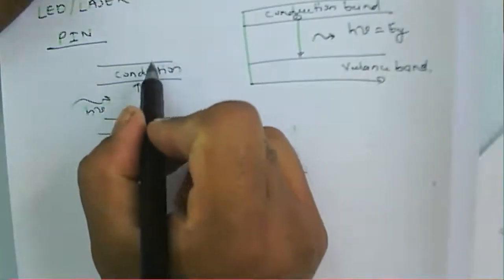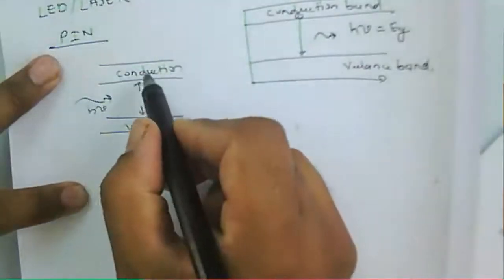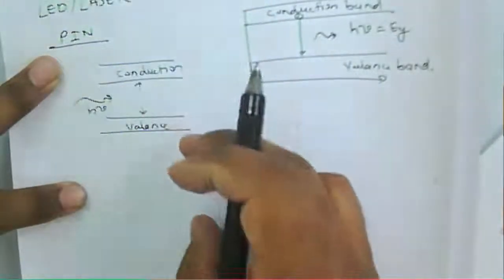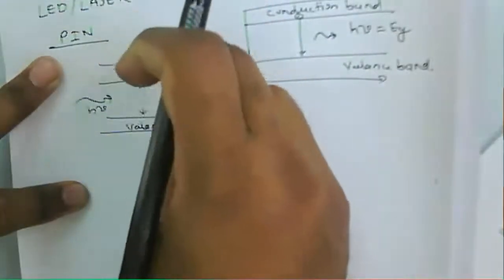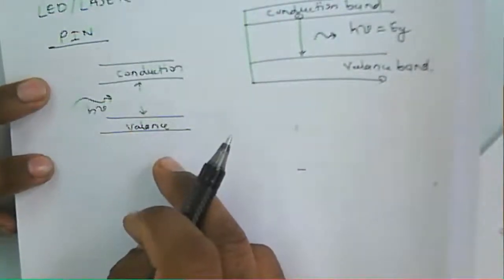For this given diode, we apply the reverse connection, reverse bias, so that electrons and holes will be attracted to that particular metal contact, and because of that, current will flow through this diode.